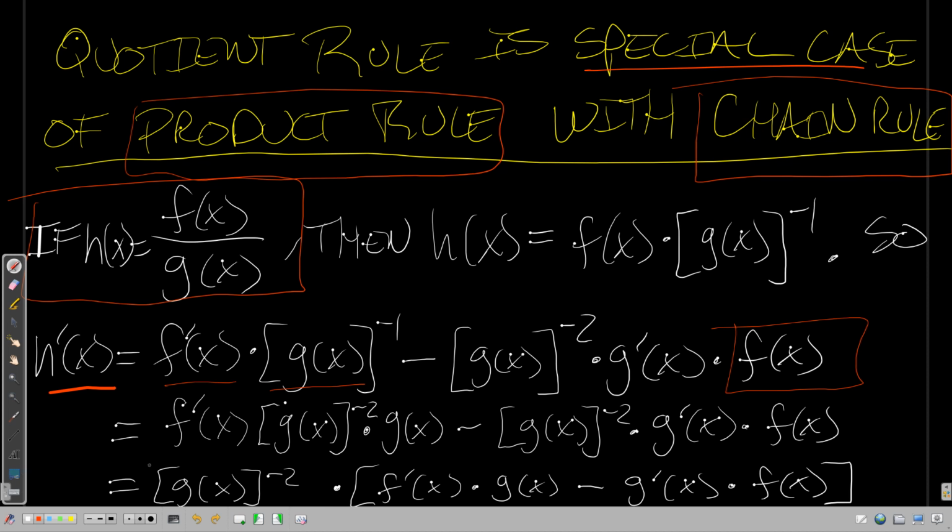Then the g of x to the -2 can factor out, and this thing written down here at the bottom is the quotient rule. This g of x to the -2 would just be written in the denominator with a positive exponent of 2.